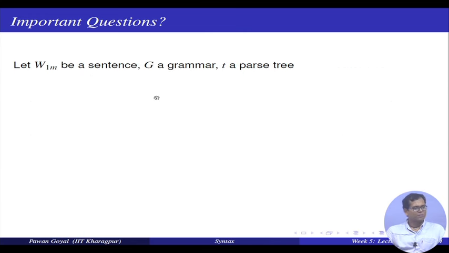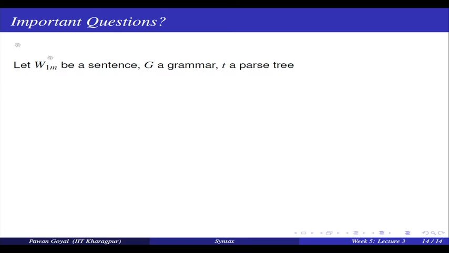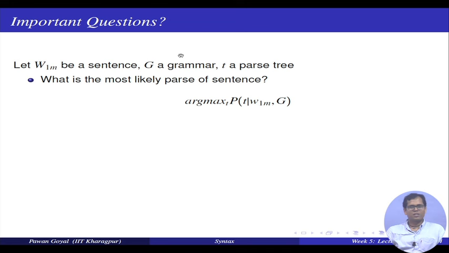Now, once we have this formalism of PCFG, there are some interesting questions that we would like to explore. Suppose I am given a sentence W1M, I am given a grammar G, and there are various parse trees, T being one of those. What is the most likely parse for this sentence given the grammar?